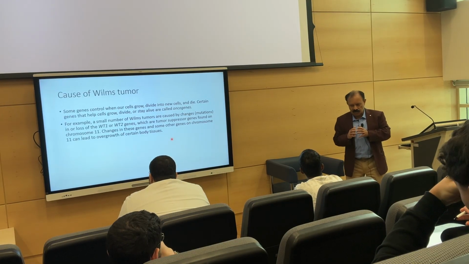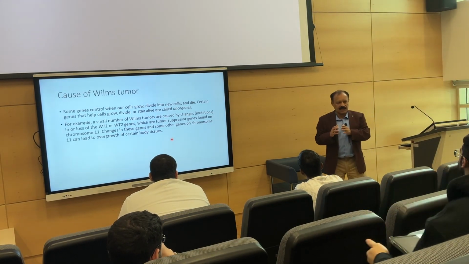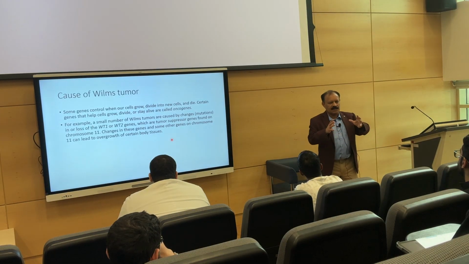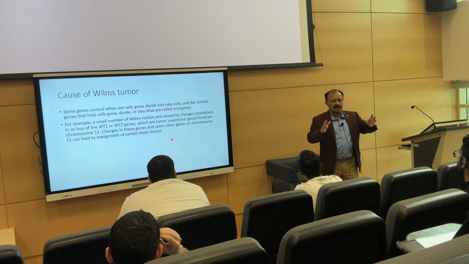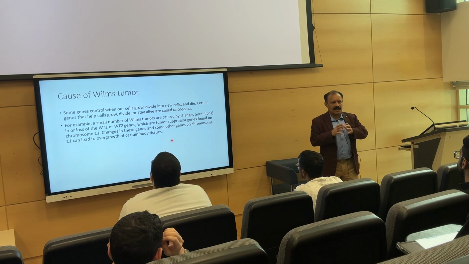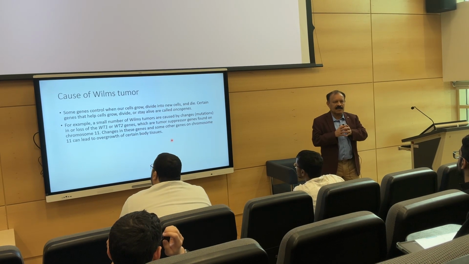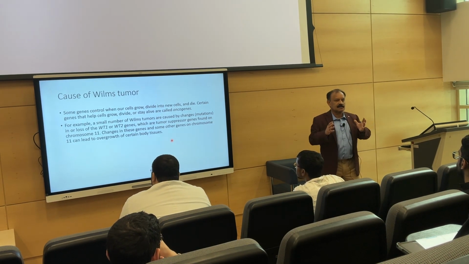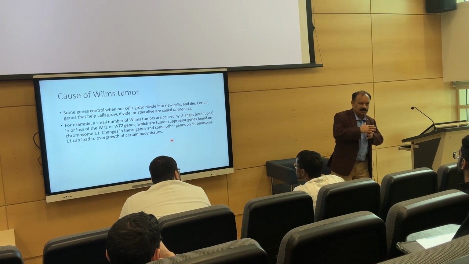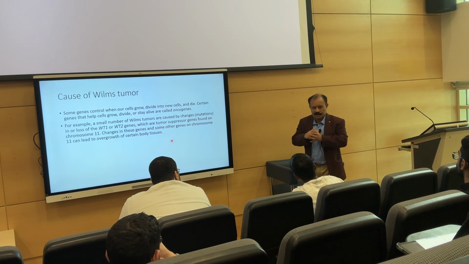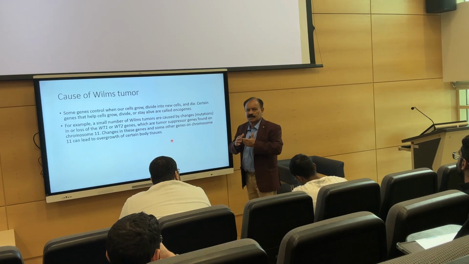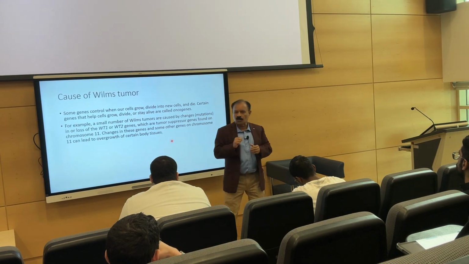If there is a mutation in this tumor suppressor gene, the WT1 gene will take over and form the tumor. Wilms tumor means it can grow enormous, but it should normally be suppressed by a suppressor gene. If there is a mutation of the suppressor gene, that will lead to the Wilms tumor.